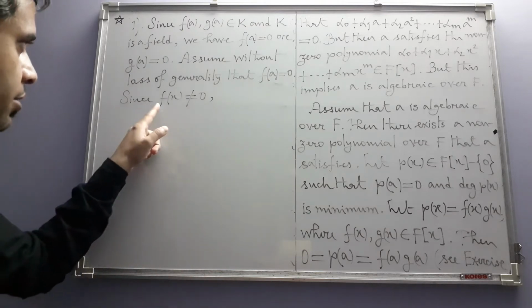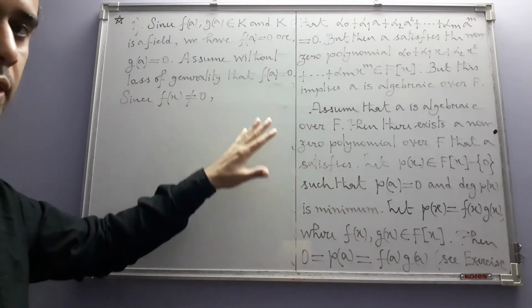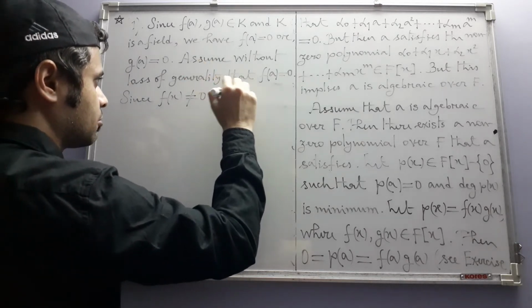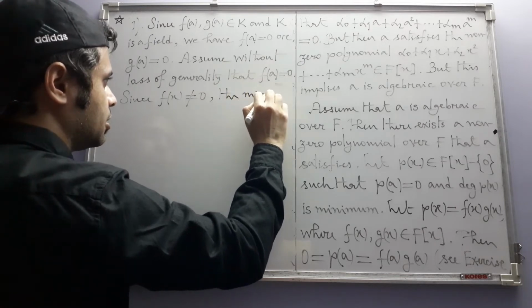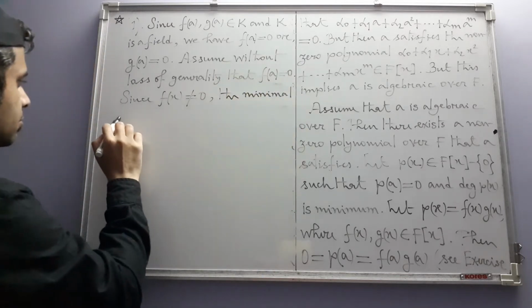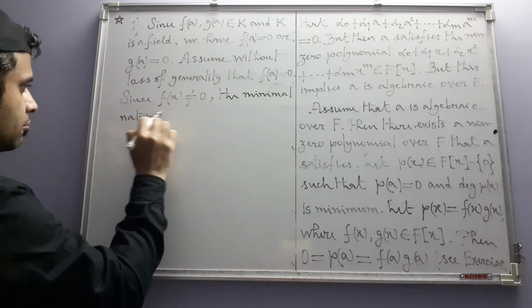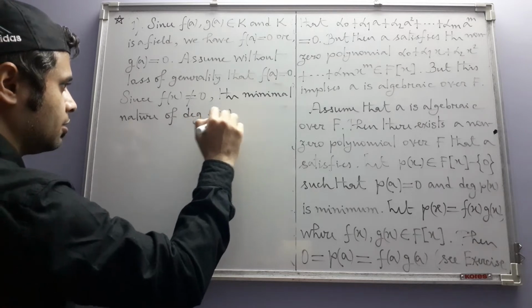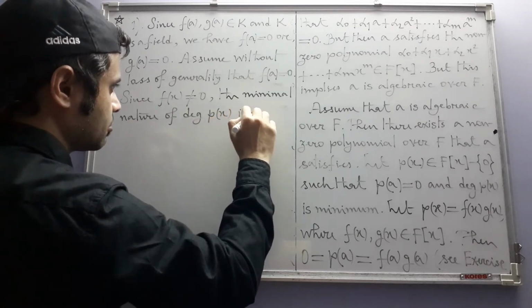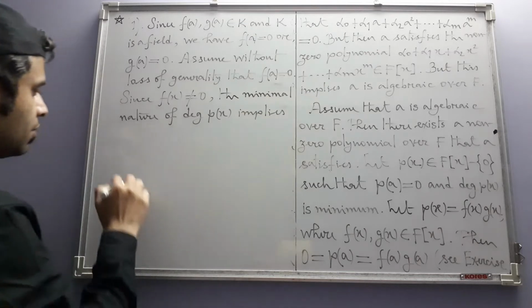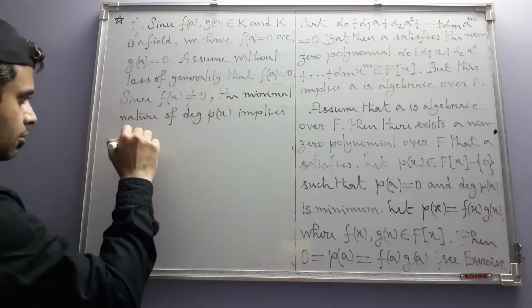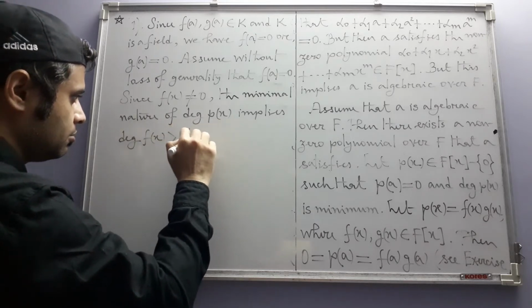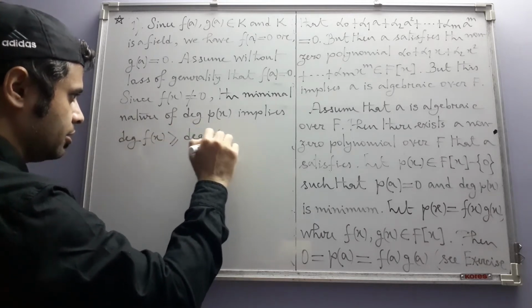So the minimal nature of the degree of Px implies that the degree of Fx is greater than or equal to the degree of Px.